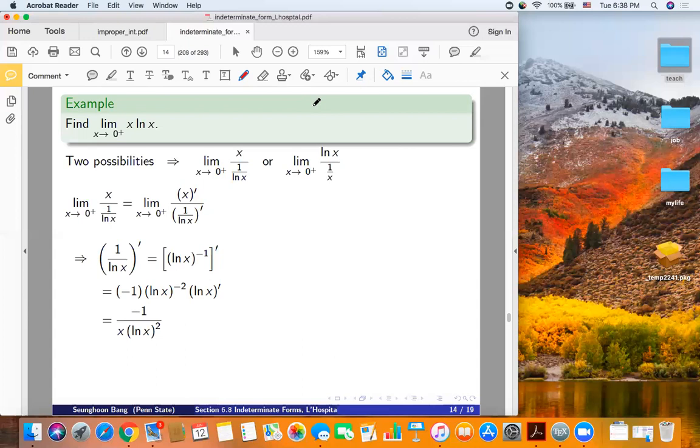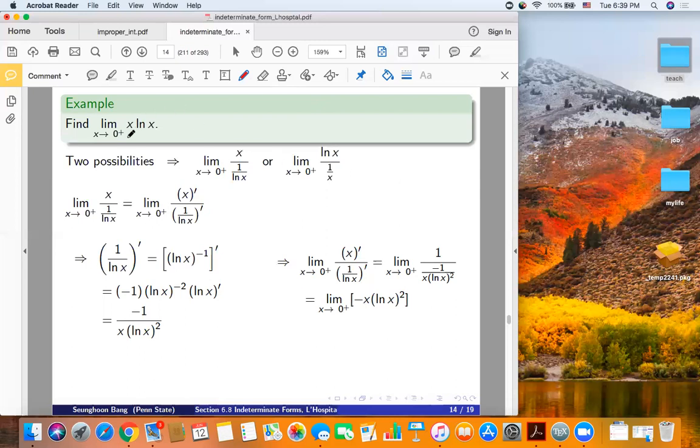You can change the negative exponent minus 2 to a positive exponent, ln of x squared. So going back to the previous example, x prime is 1, and 1 over ln of x prime is minus 1 over x times ln of x squared. Simplified, it is minus x ln x squared.